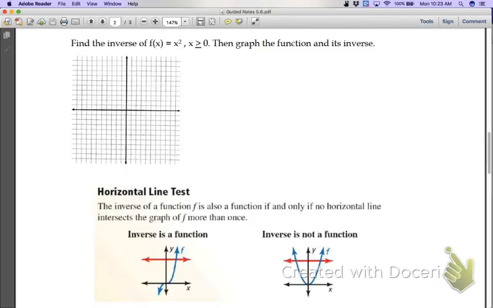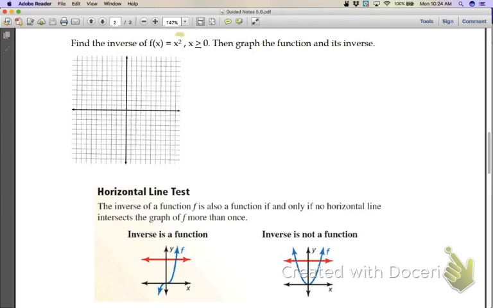Now, here on the second page, it says find the inverse of f of x equals x squared, where x is greater than or equal to 0. Okay, this is important because it says to graph the function and its inverse. The key part is the stipulation.